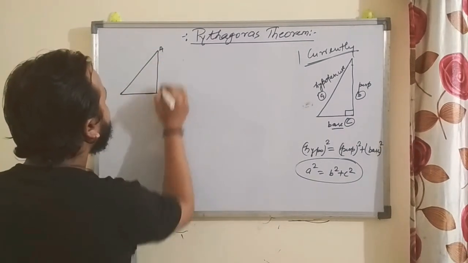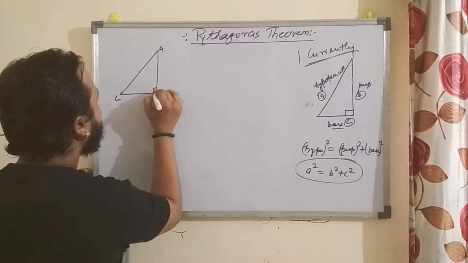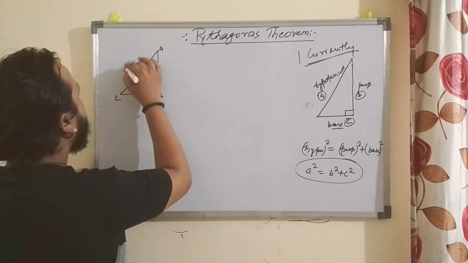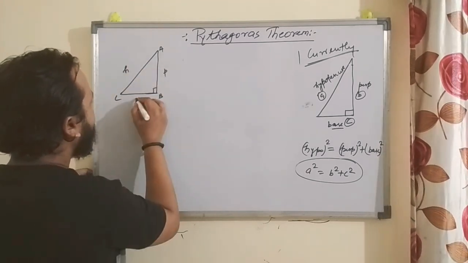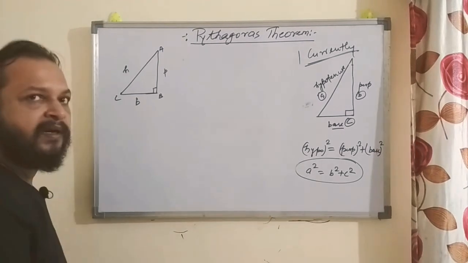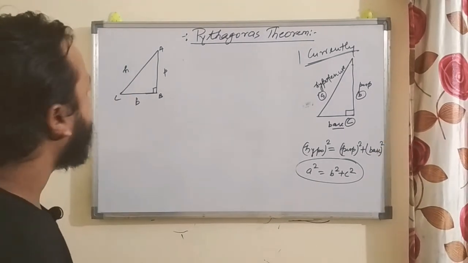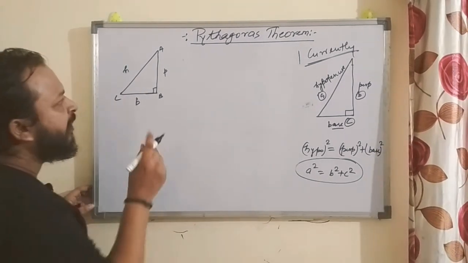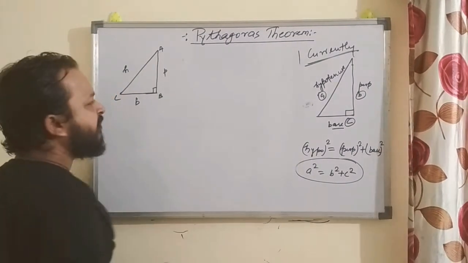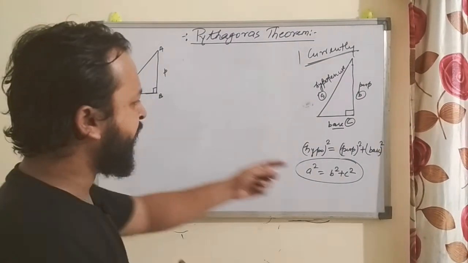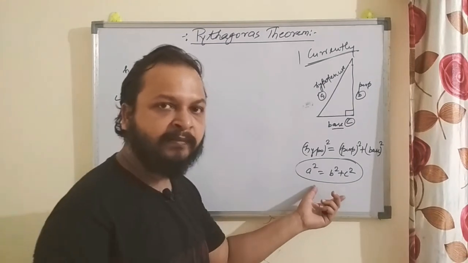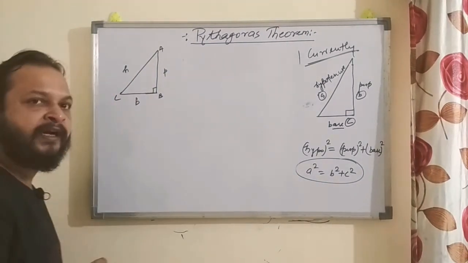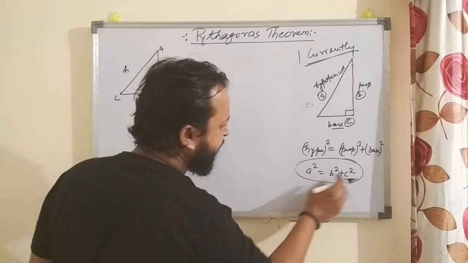So if this is A, B and C, and this is hypotenuse, this is perpendicular and this is base, right? This way we are taking. So the numbers which satisfy this Pythagoras theorem are known as Pythagorean triplets because they are three variables.